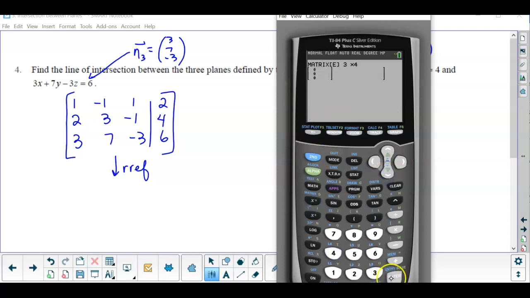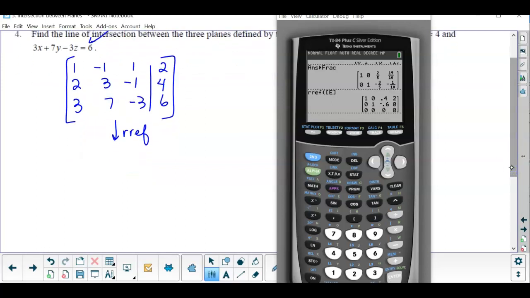It's 3 by 4. Okay, so infinite number of solutions.